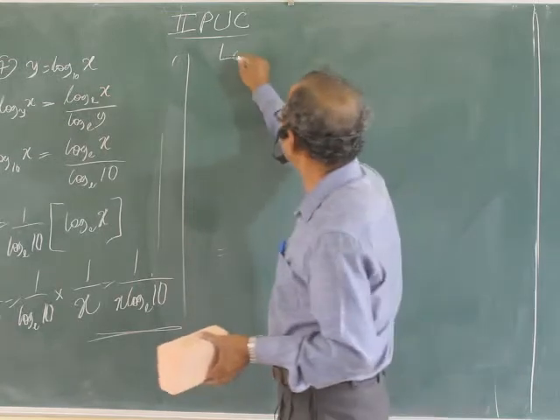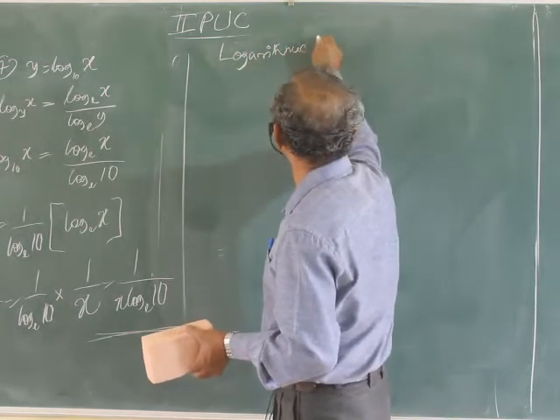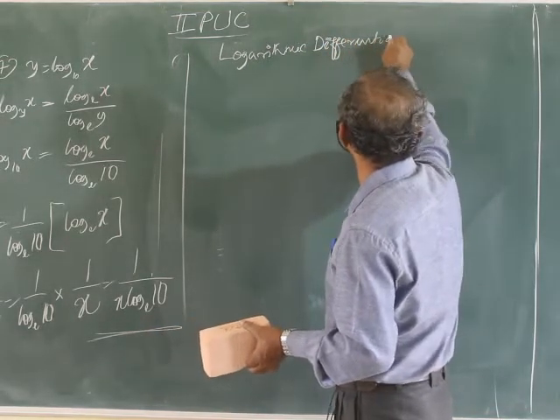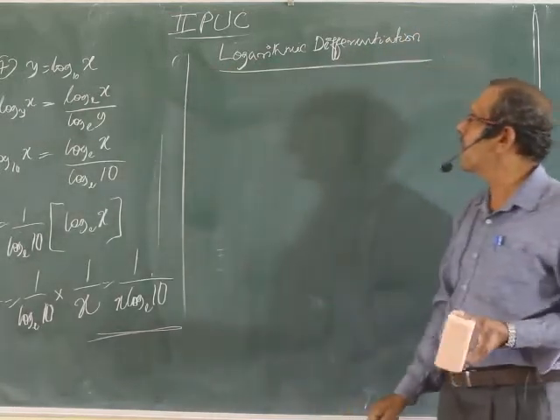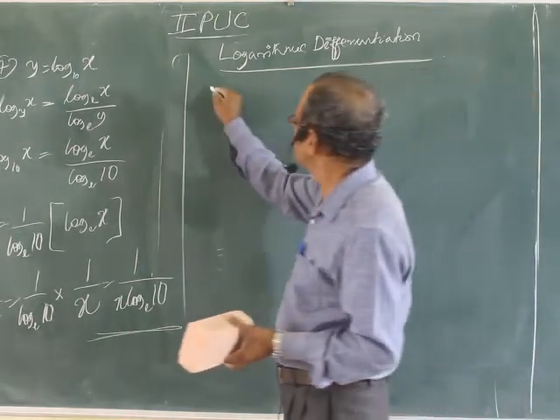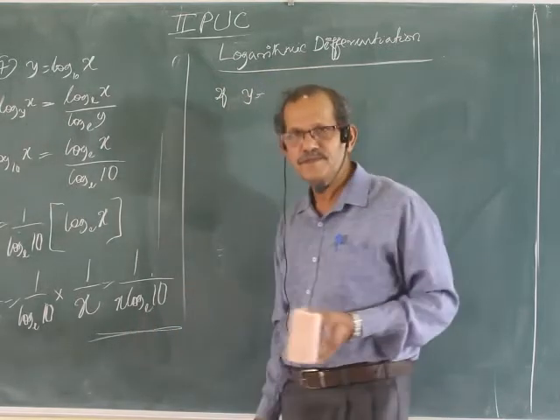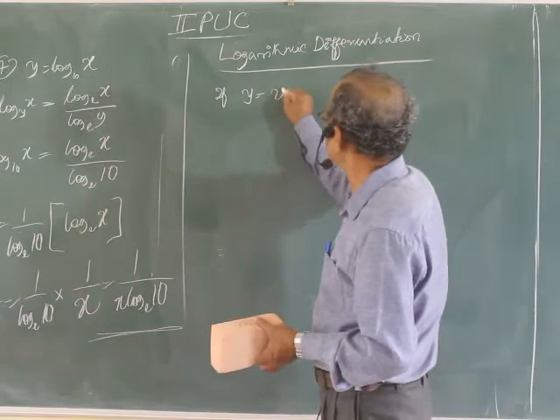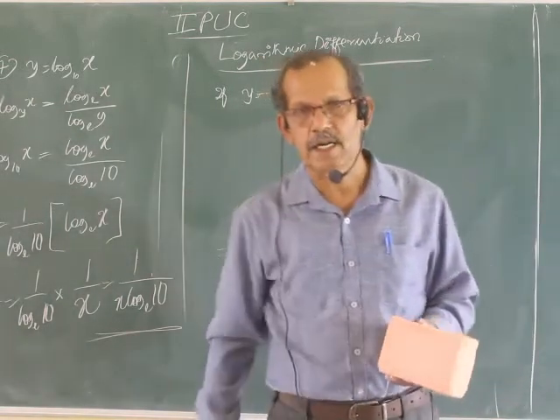Anyway, next type is logarithmic differentiation. Last but one type, this one. When you have to use this logarithmic differentiation? If u is a function and v is a function: if it is u plus v, you know the method.